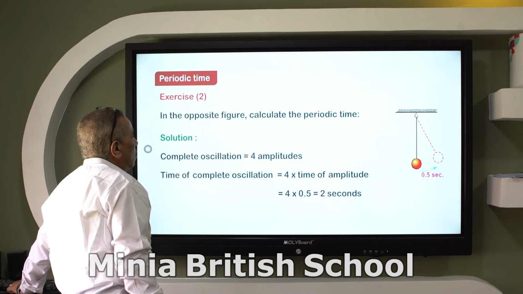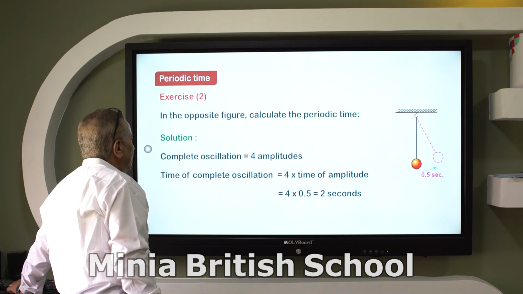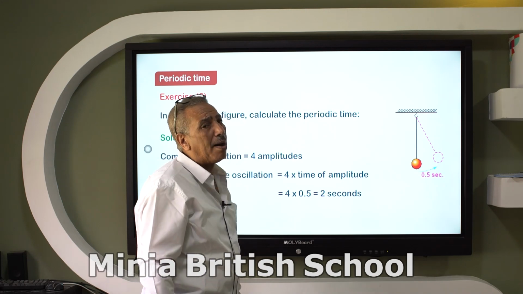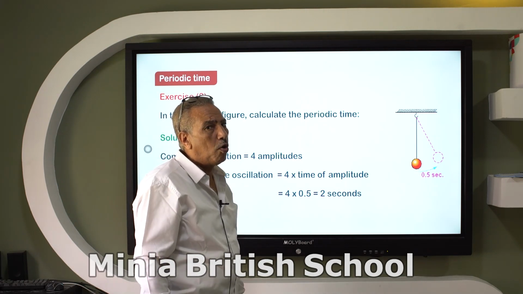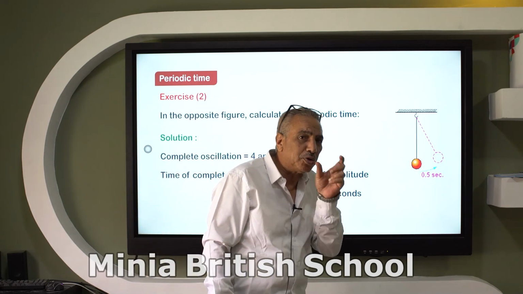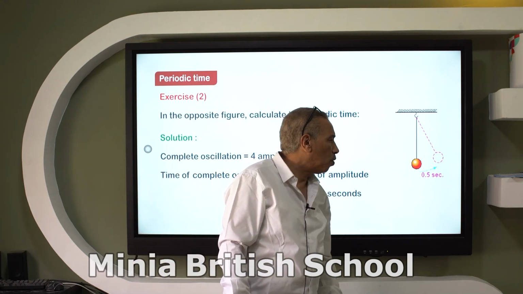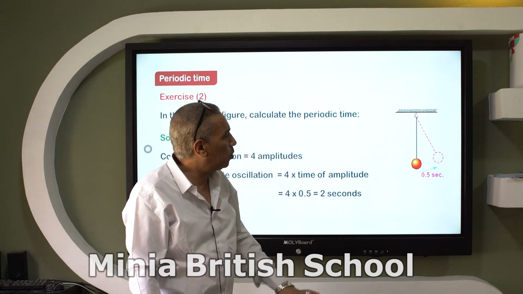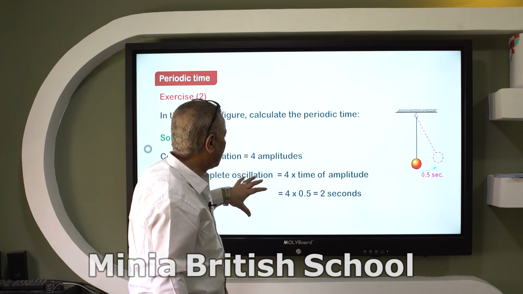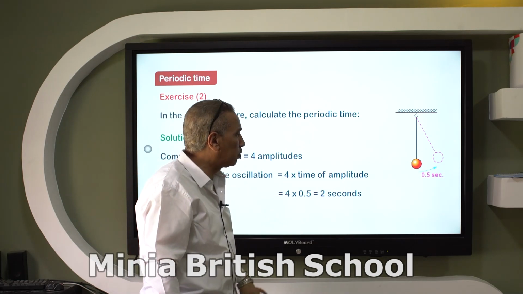Of course, the unit of the periodic time is the second. Here also, we can calculate the periodic time in the opposite figure. The complete oscillation includes 4 amplitudes, 4 displacements, and each displacement will take a time equal to 0.5 seconds. So if you want to calculate the periodic time, you have to take 4 times 0.5.